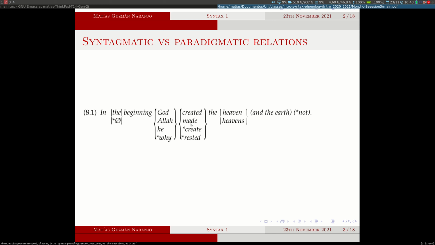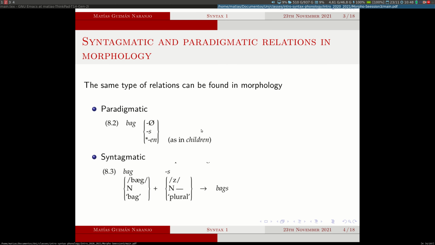So relations between words that can occur in the same position but are mutually exclusive are said to be paradigmatic. And they are mutually exclusive because you cannot use them both at the same time. So you cannot say, in the beginning God made created the heavens and the earth. So that's what we are talking about when we say there are paradigmatic relations.